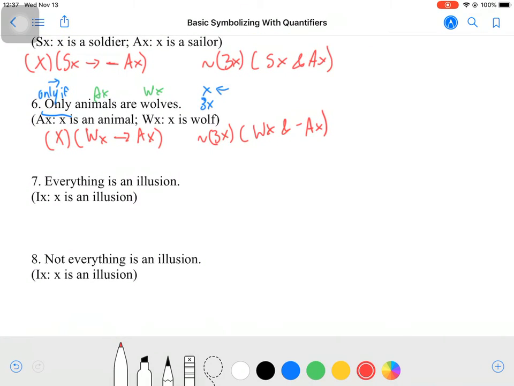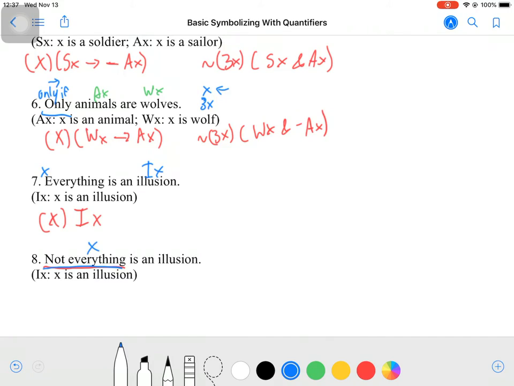Going on to 7, everything. Everything means we're talking about definitely all of x. And then for illusion, we just have Ix. So if we're saying that everything is an illusion, for all things, all x's are illusions. In contrast, in number 8, we have a not everything.